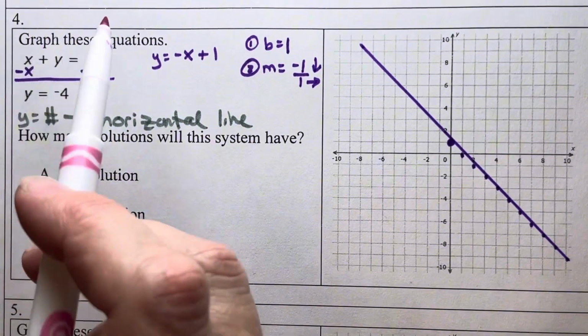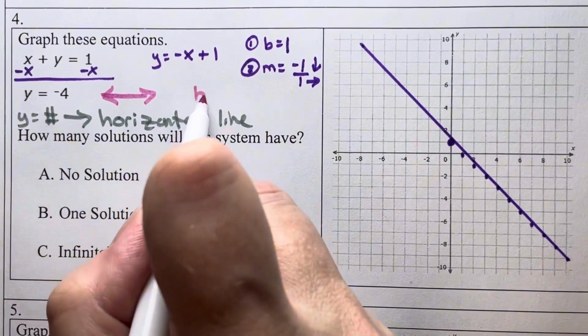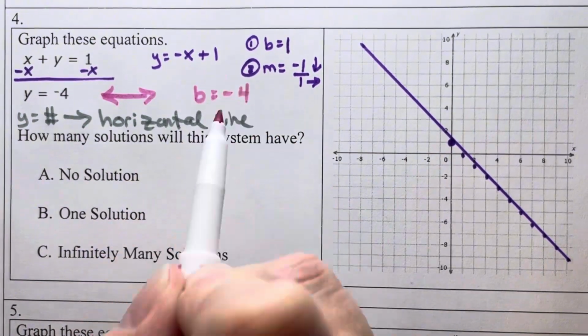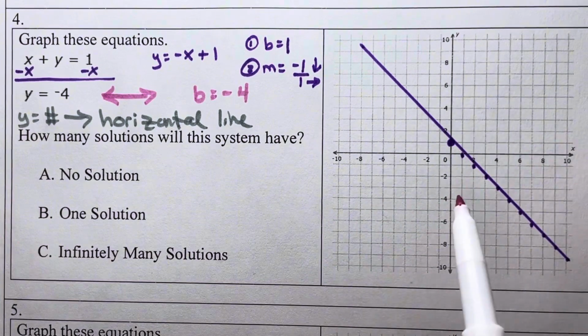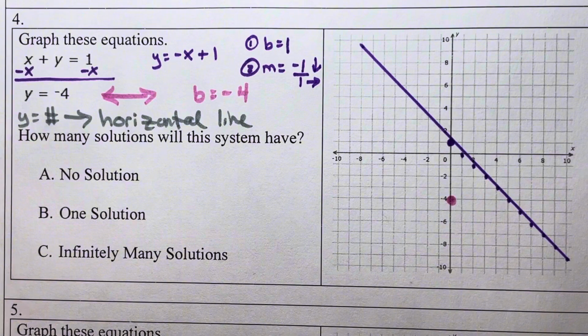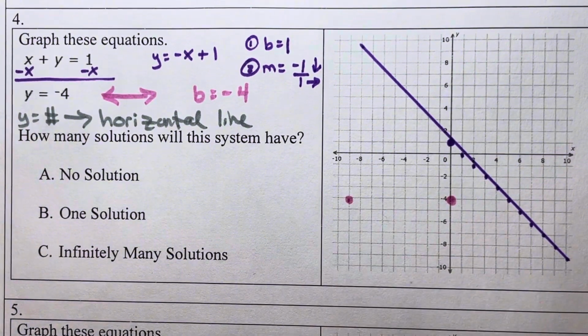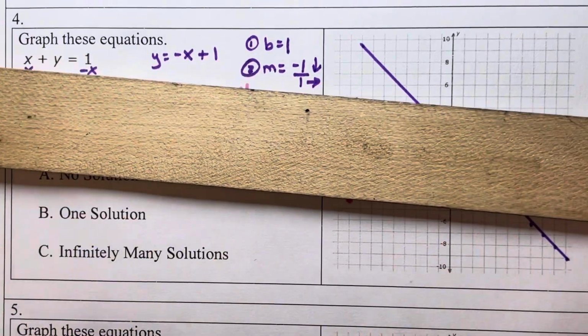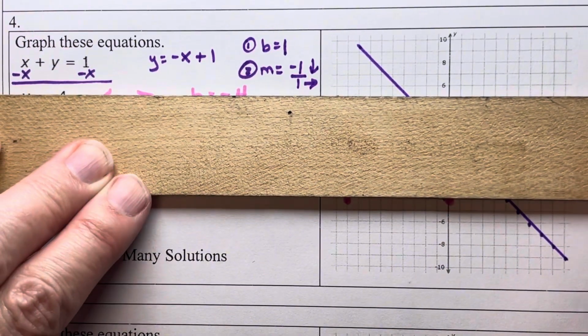So we have a flat horizontal line with a y-intercept of -4. Let's place that on our coordinate plane. Here's my y-intercept of -4. And we said this is flat and horizontal. So placing a second point, just to make it easier to use our straight edge and line it all up.